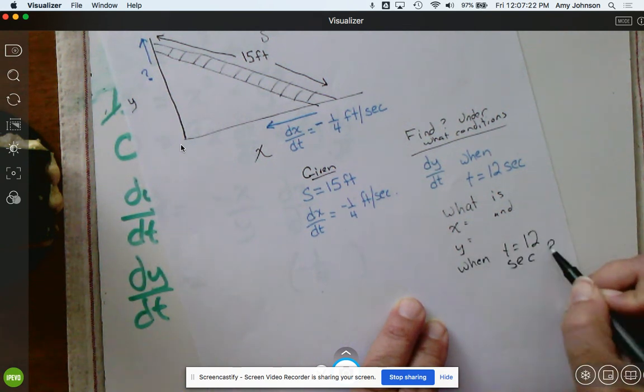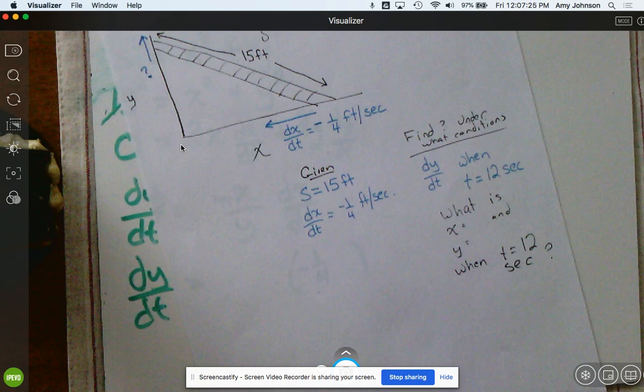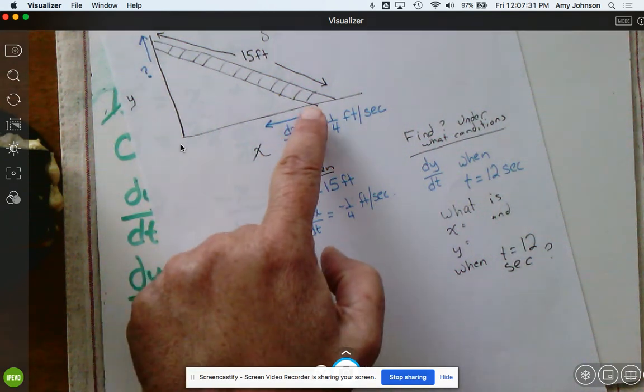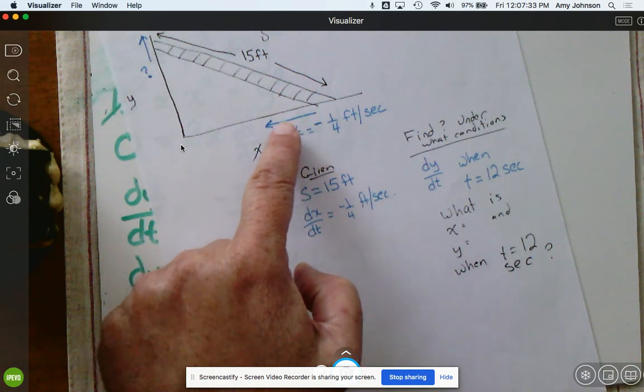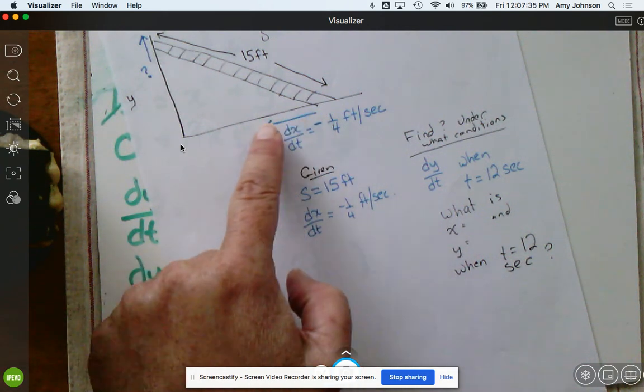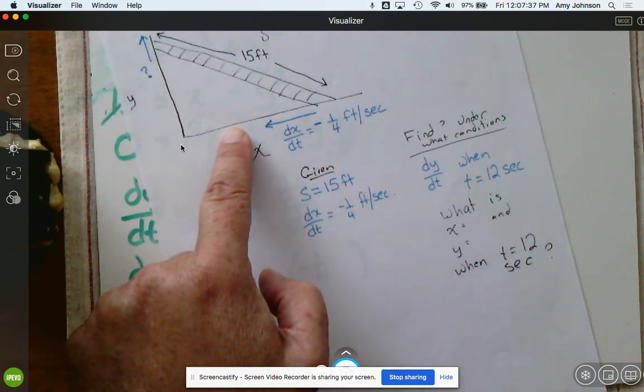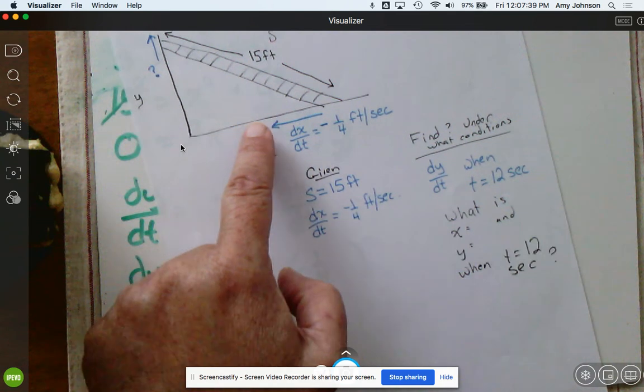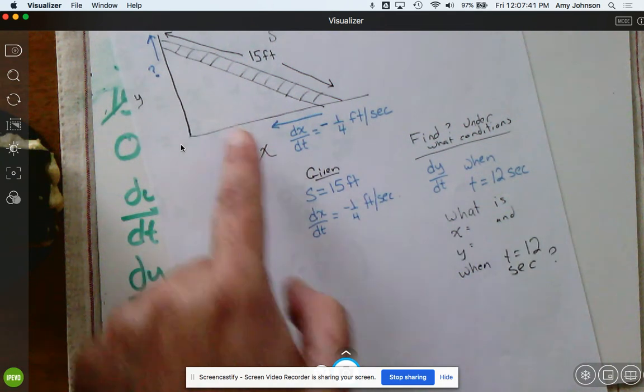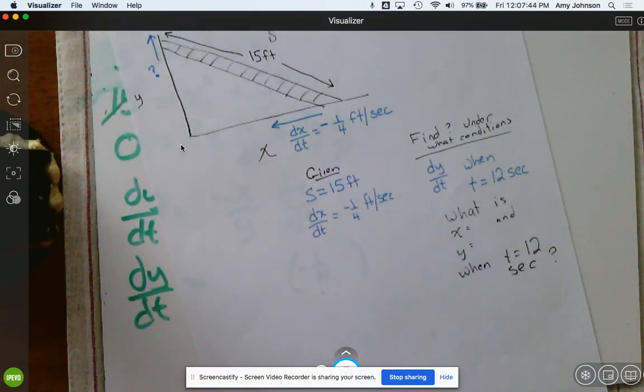These are often like puzzles. Well, what do we know? We know that x is moving and getting smaller by 1/4 foot per second. That doesn't help us unless we know what x was to start with. And we do. In the original problem, it did say the bottom is initially 10 feet away from the wall.